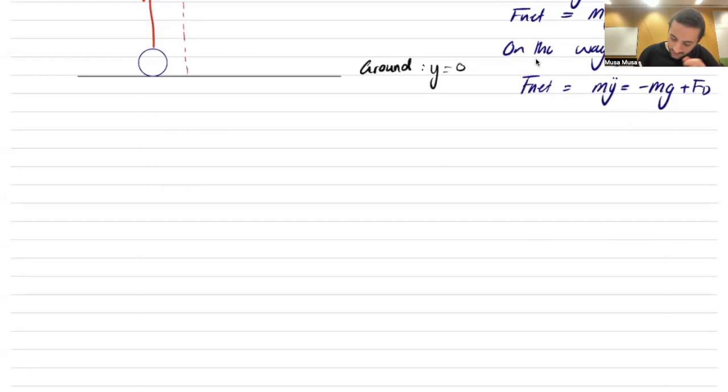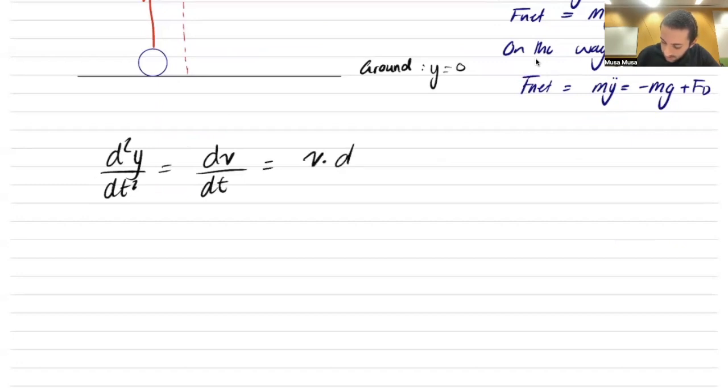So d squared y on dt squared equals dv dt, which equals v times dv dy, because it was dx, so now it's dy. And this is also the same as d dy of half v squared.